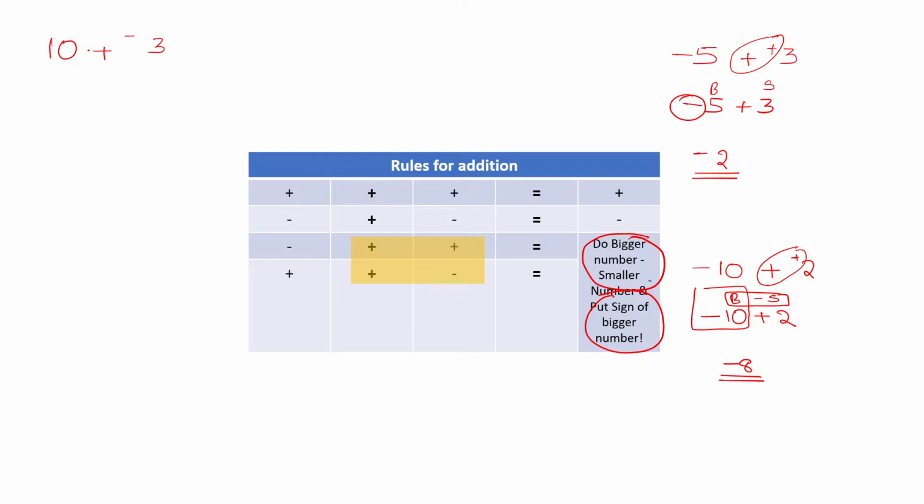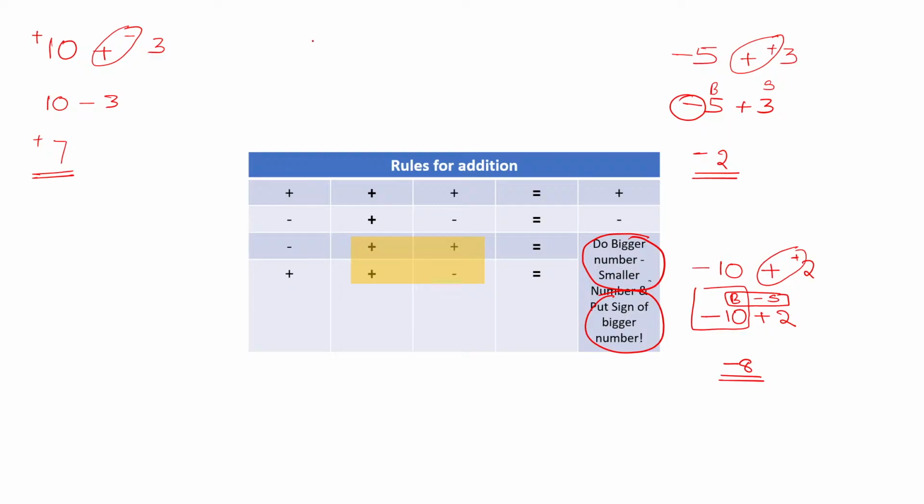Okay, so 10 plus minus 3 means actually it is positive 10 plus minus 3. So these plus and minus will become what? Minus. So it will become 10 minus 3. So our logic is what? Bigger number minus smaller number and sign of the bigger number. So what is bigger number minus smaller number? 10 minus 3 is 7. Which is the bigger number? 10. So positive 7 is our answer.